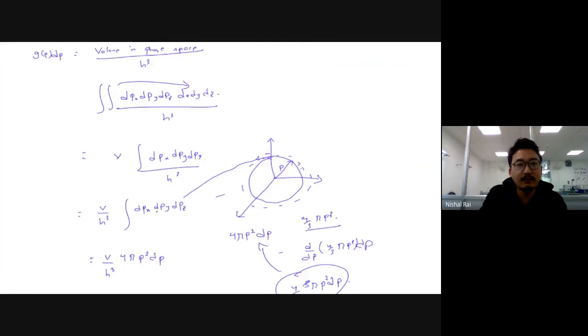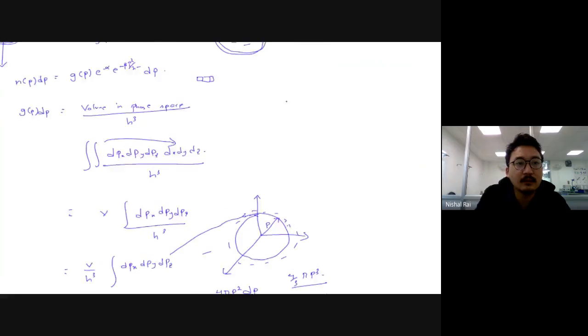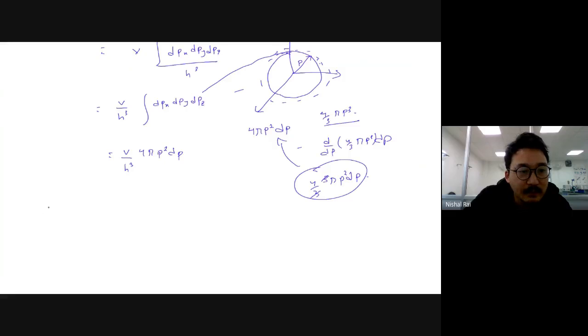So finally, you will end up with which expression? Np dp, you can substitute this by 4 pi V by h cube p square, and you have e to the power negative alpha, e to the power negative beta p square divided by 2m dp.